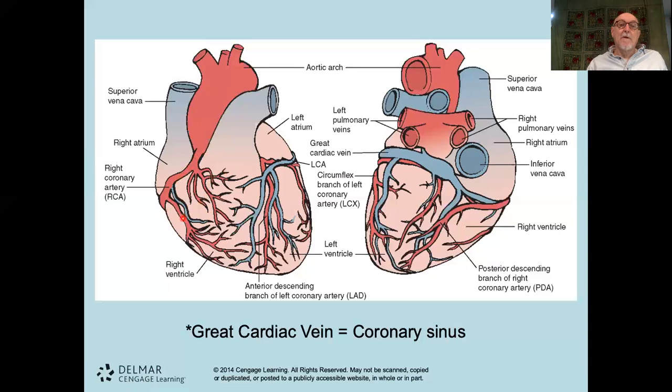Imagine, for example, that we have a blockage in this vessel here. Let's just put a blockage there. That blockage could arise, for example, from narrowing of those vessels by having fat deposited on the walls of the vessel. Blood flow could be stopped by a blood clot that formed in here.